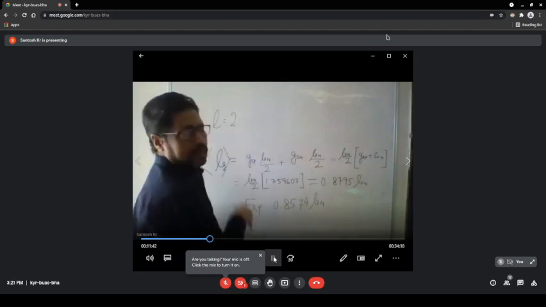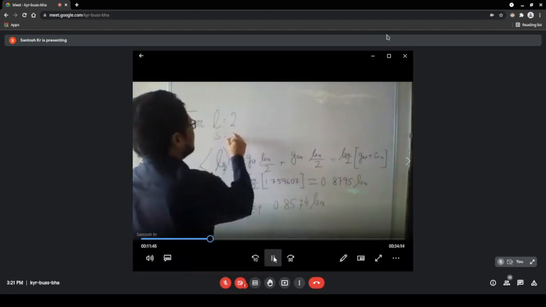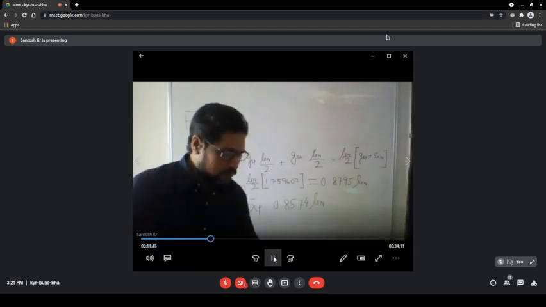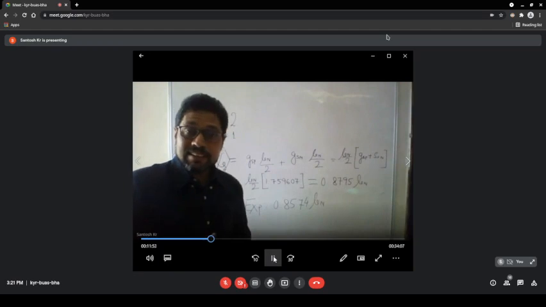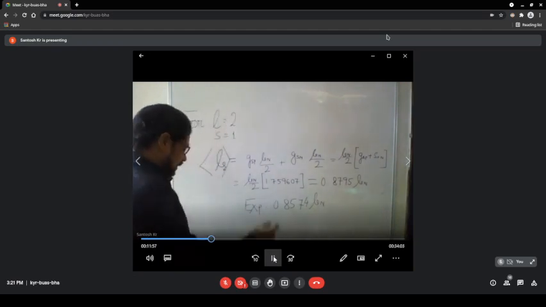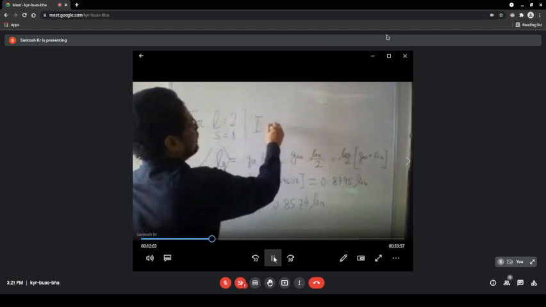For l equal to 2 and s equal to 1, you need to find the wave function, and there should be a relation that capital I should be 1.